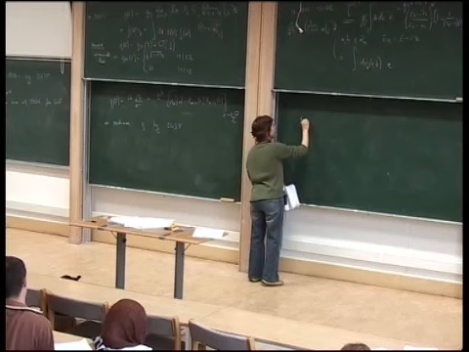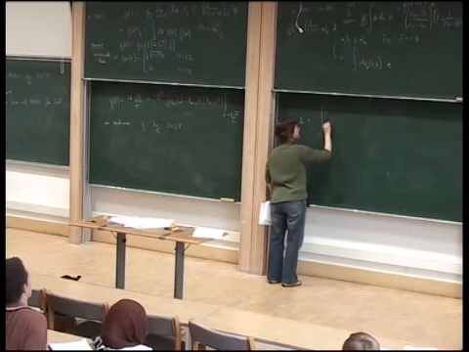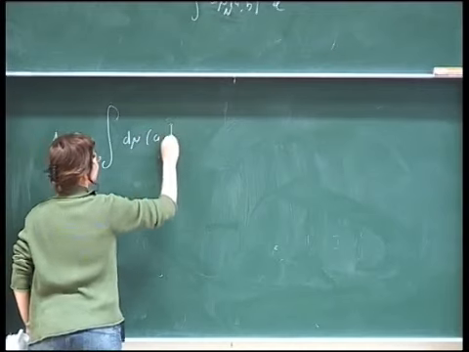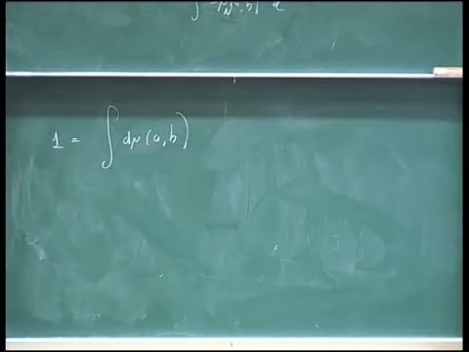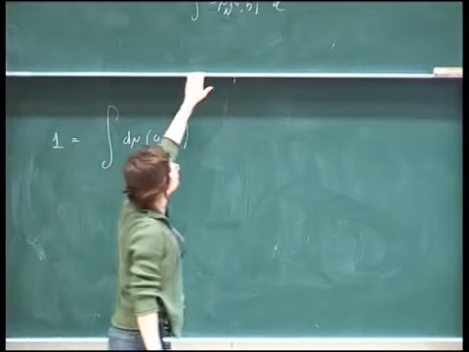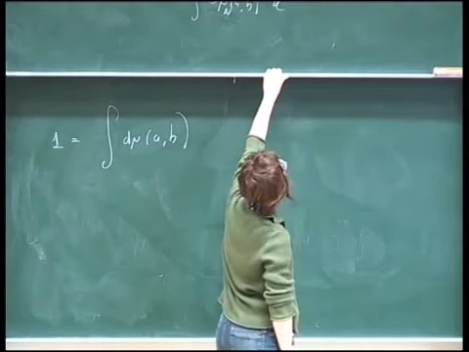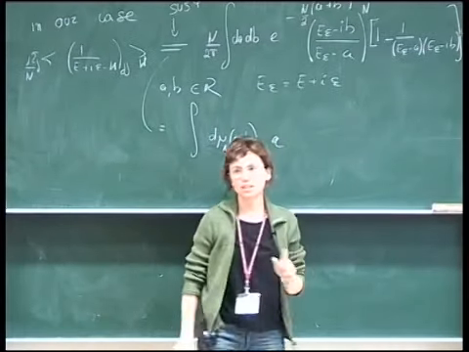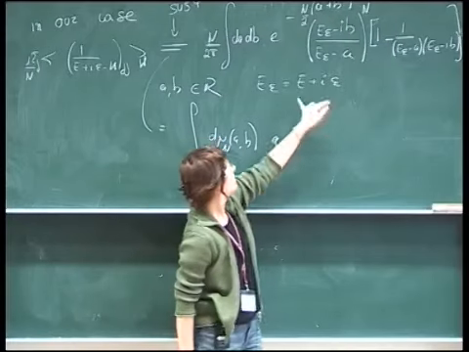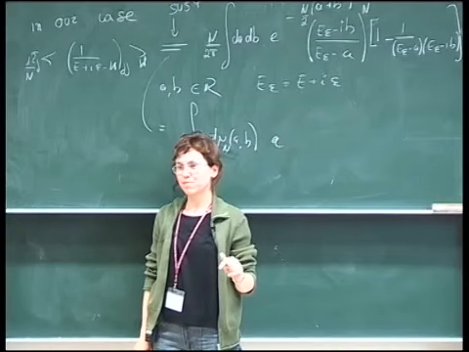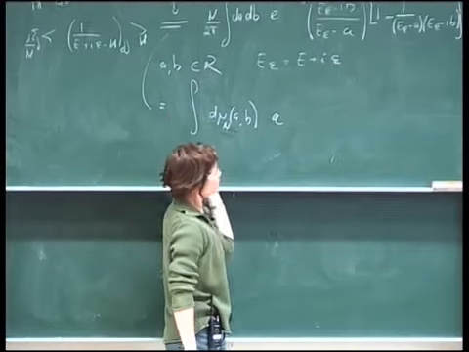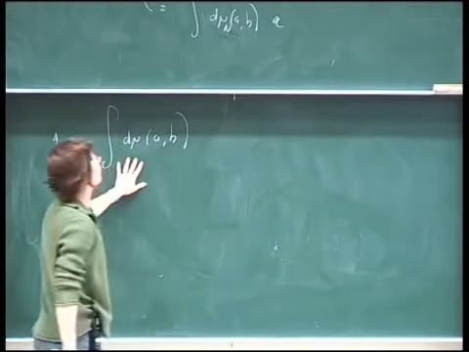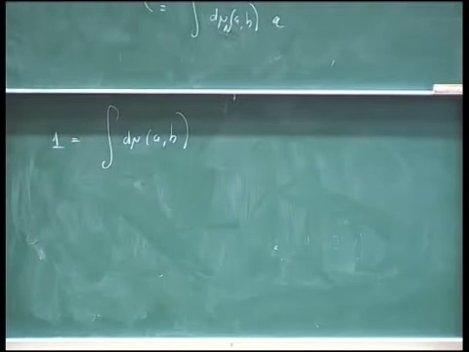So we have that 1 is equal to the integral over d mu ab, where d mu AB is everything except the term A. Now, notice that this measure is complex because I have E plus i epsilon. But still, it's a measure normalized to 1. It's a very complicated way of writing 1, but it's 1.